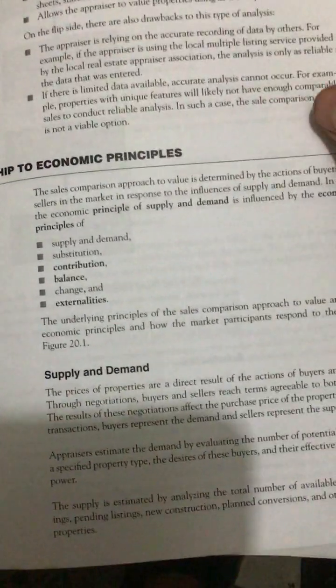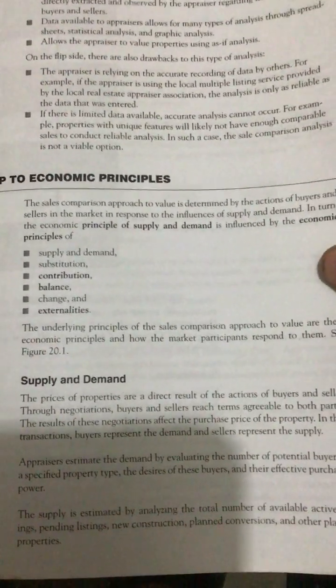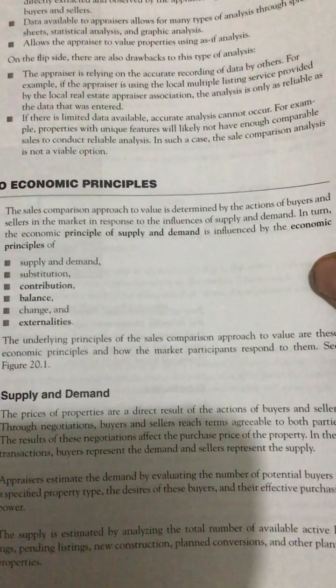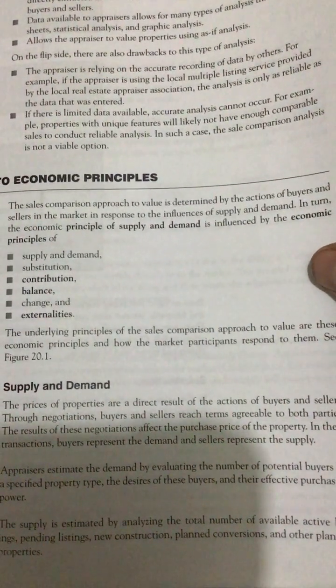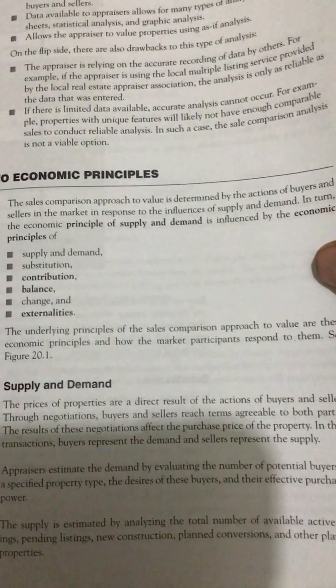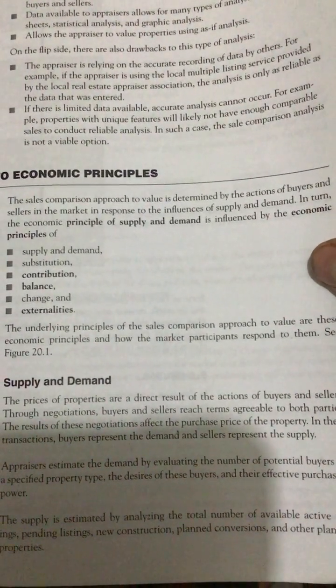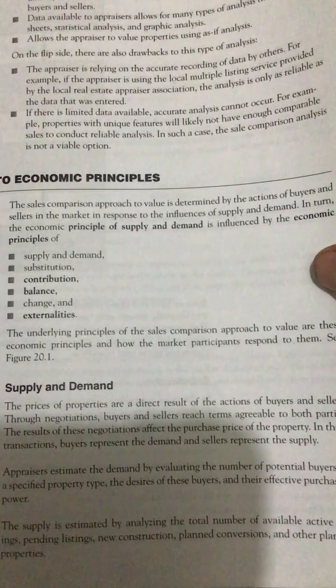Relationship to economic principles. The sales comparison approach to value is determined by the actions of buyers and sellers in the market in response to the influences of supply and demand.